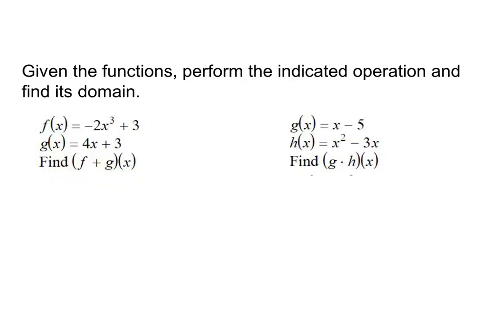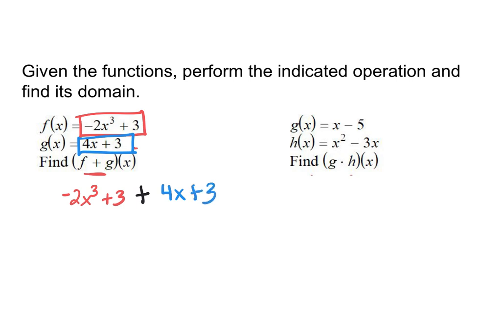So here I have two functions, f and g, and we want to add them, denoted by f plus g. I'm just going to take my f function, negative 2x to the third plus 3, add my g function, 4x plus 3, and then combine like terms if possible.